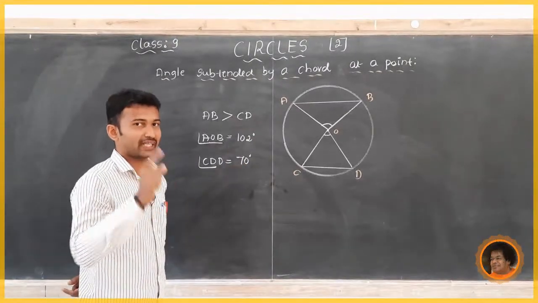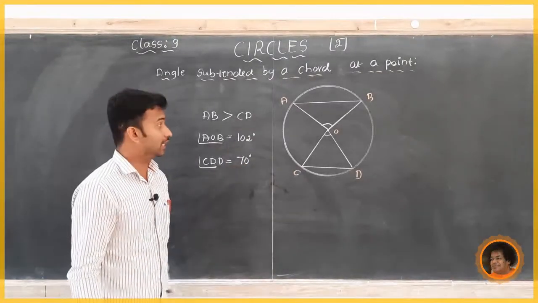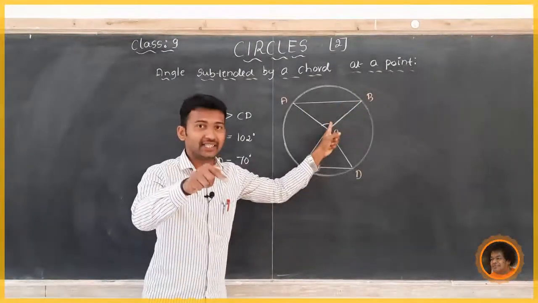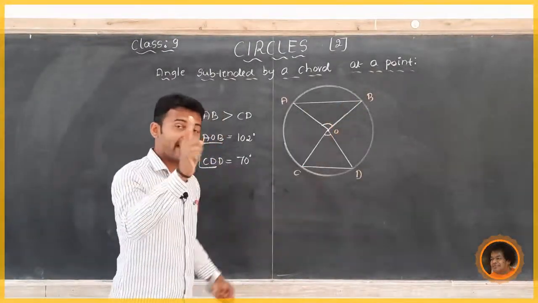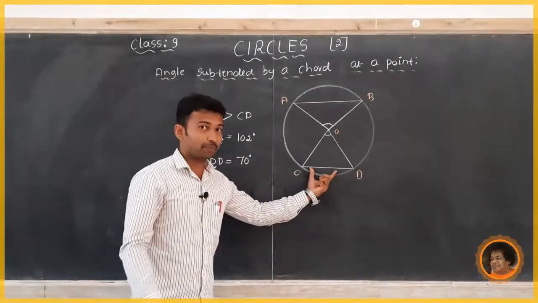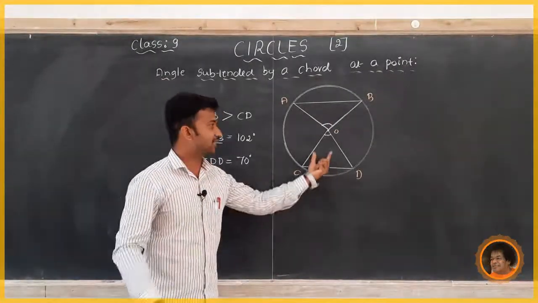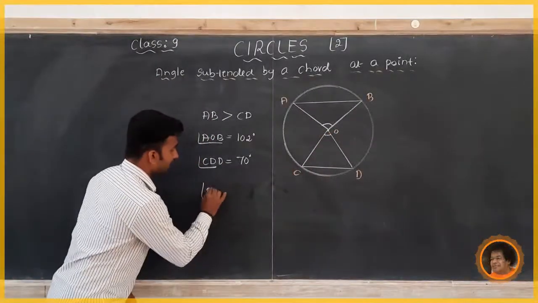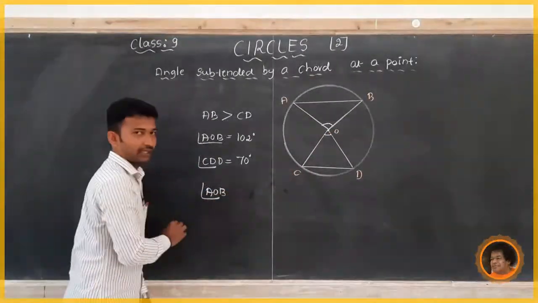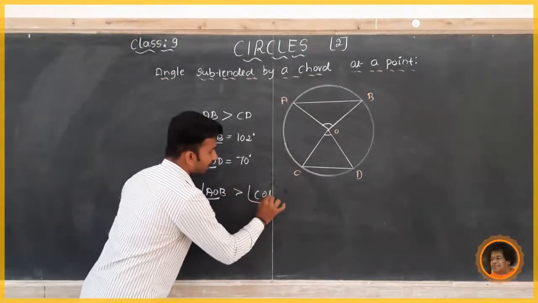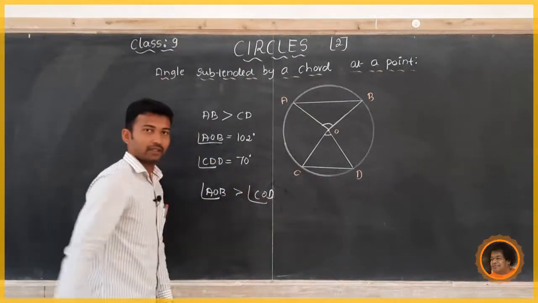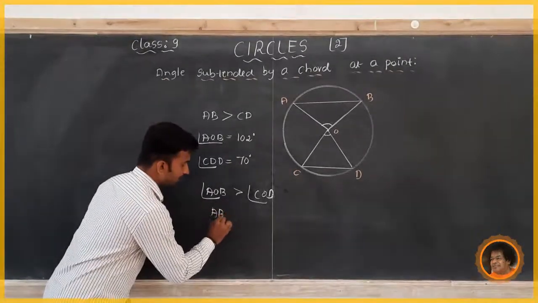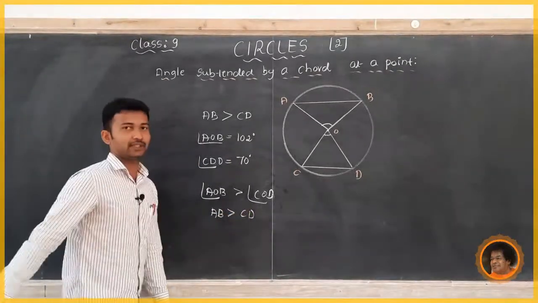So, we conclude that the angle subtended by a longer chord at the center is greater than the angle subtended by the smaller chord at the center O. Angle AOB is greater than angle COD because the chord AB is greater than CD.